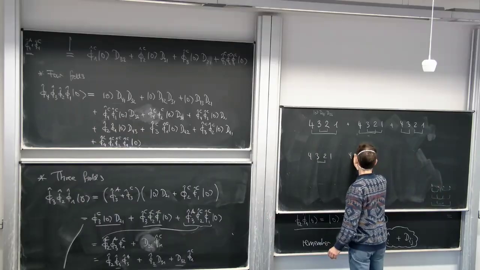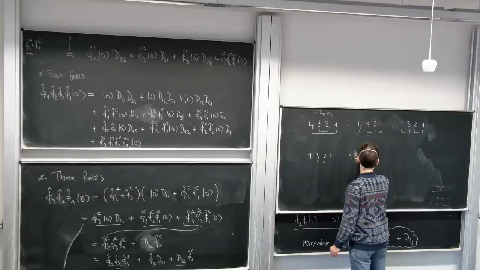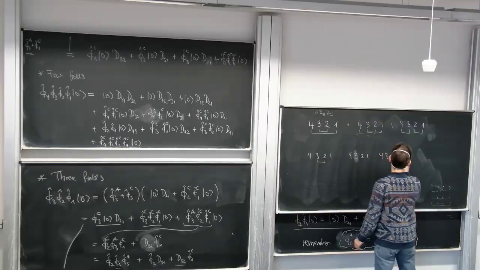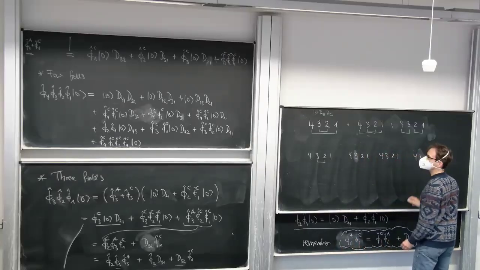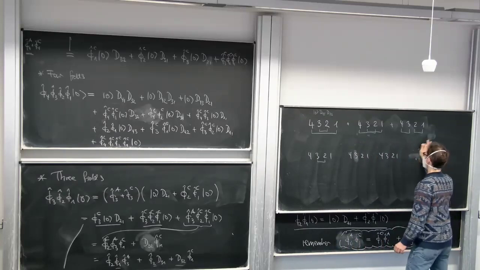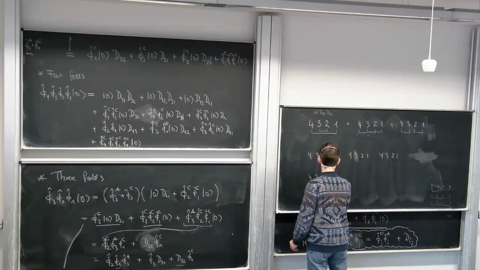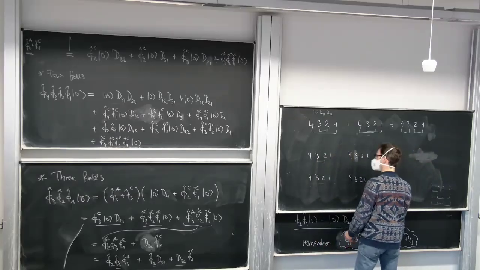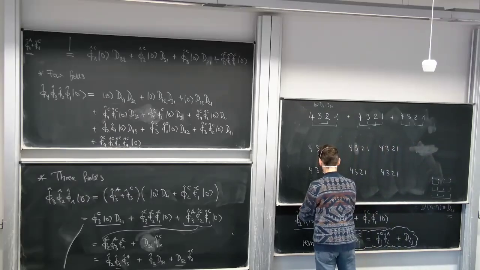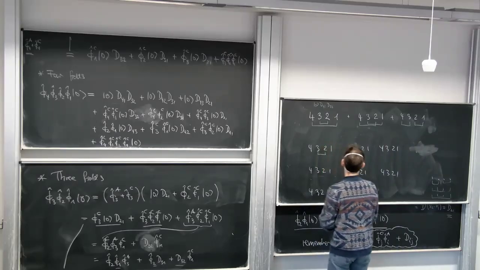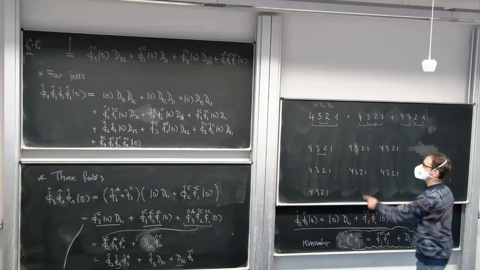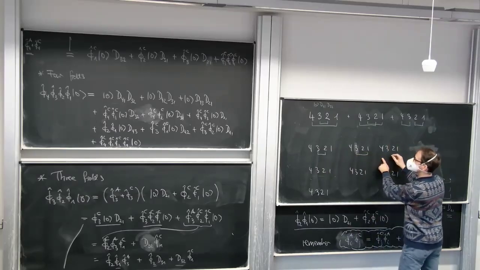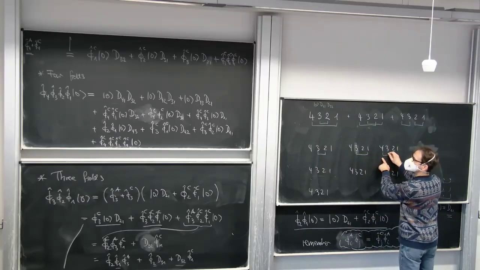And then we have the others: this is 1 and 3, this is 4 and this is 1 and 2.